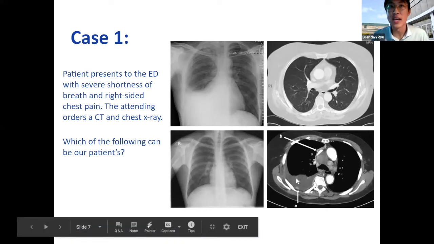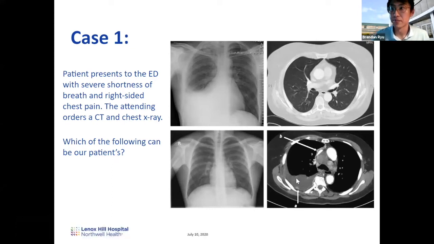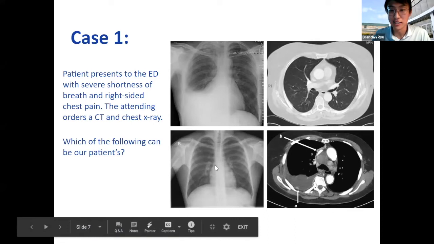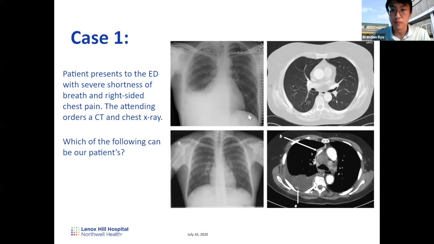Consolidation is another word for solidifying. So the top left and the bottom right are matched, and the bottom left and the top right are completely normal images. Bottom left is a normal chest X-ray, and the top right is a normal CT scan. That's for your reference to compare the pathological scans. So we have an idea that the top left and the bottom right could be our patient's.